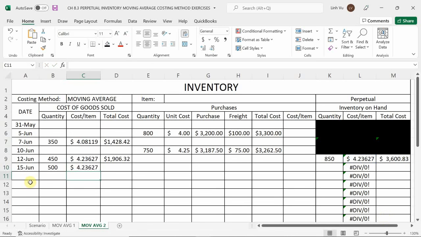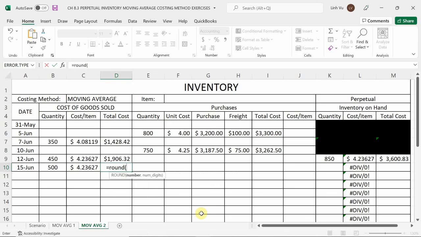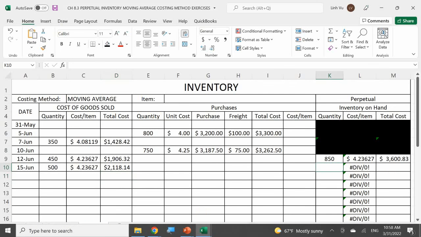So what is my cost of goods sold here? $2,118.14. Good.